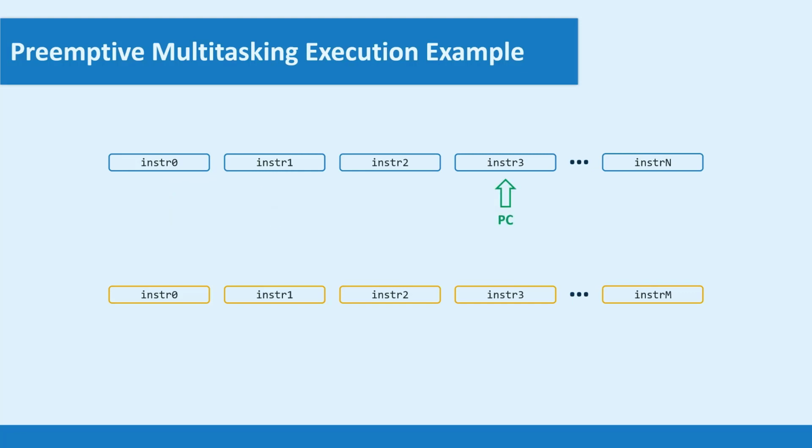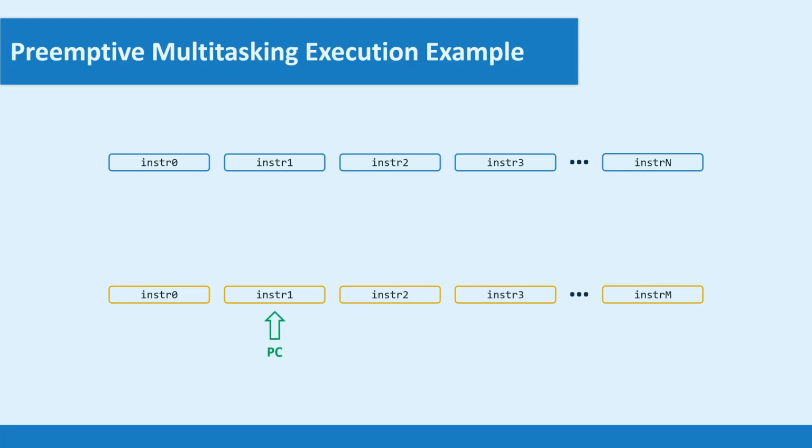At some point of time, the operating system will decide to pause this specific task and switch execution to another task. In contrast to cooperative multitasking systems, this switch of running task is not related to the task itself in any way. It's the higher level operating system that decides, okay, now you are paused and another task starts to execute.